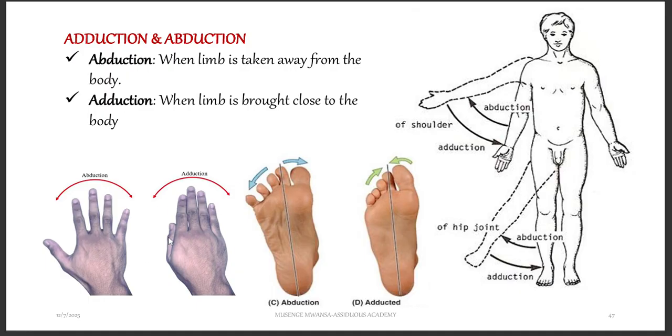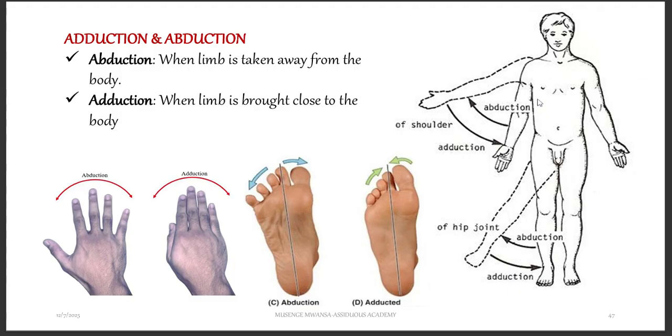Same way with the hand. The reference point is the middle. Please, for the foot, the reference point is the second toe. For the hand, the reference point is the middle finger. If you are moving towards the middle finger, that's adduction. Away from the middle finger, that's abduction.